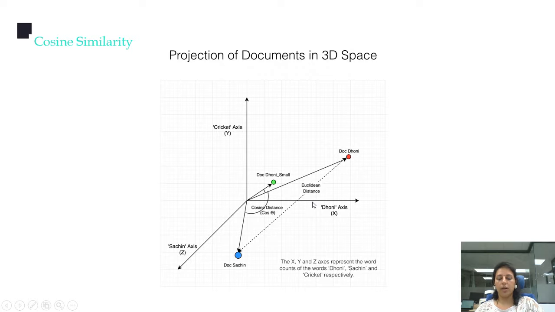How do we compare two documents, and what are the parameters to say how similar they are? That's what is explained in this visual. The cosine similarity is nothing but the difference in angle between the two documents. So it's quite obvious that document Dhoni and document Dhoni small are similar.